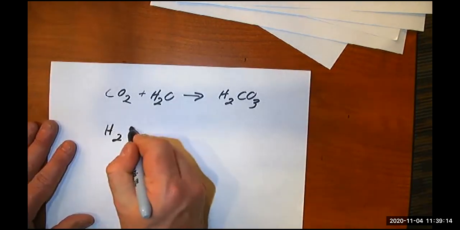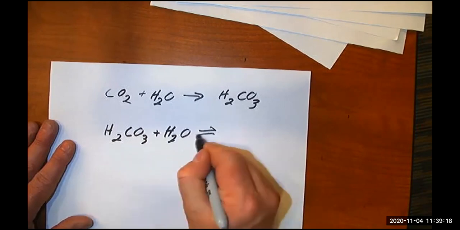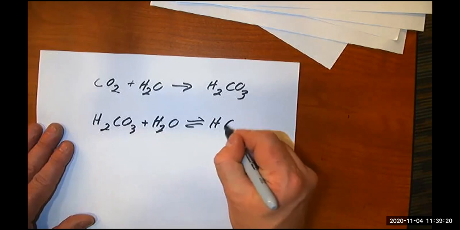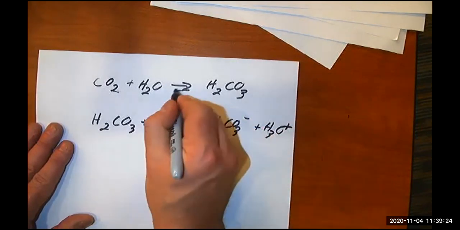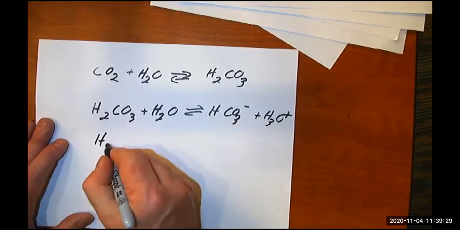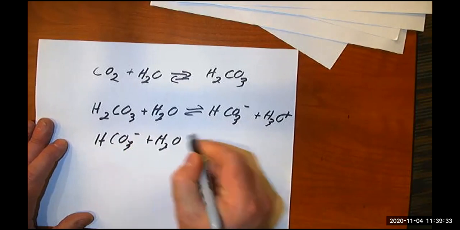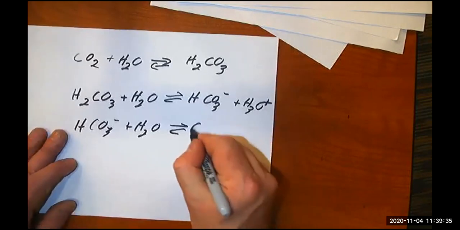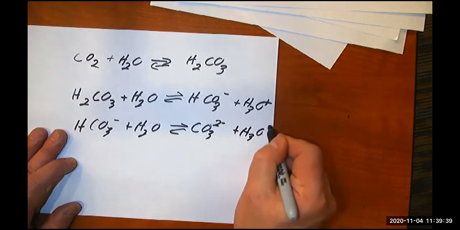So H2CO3 plus H2O will form HCO3 minus plus H3O plus. And so that's the bicarbonate ion here. And HCO3 minus plus H2O is in equilibrium with the carbonate ion, CO3 2 minus, plus H3O plus.